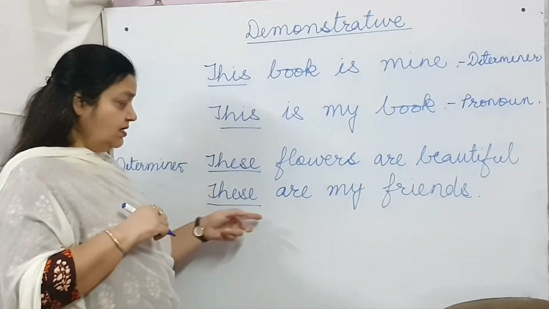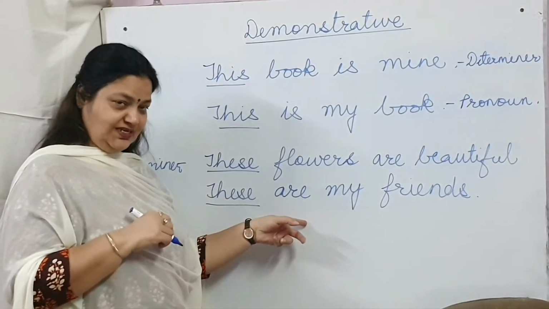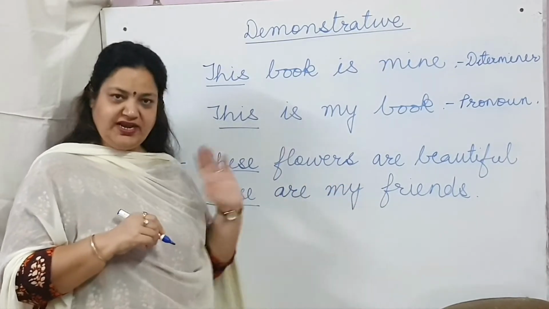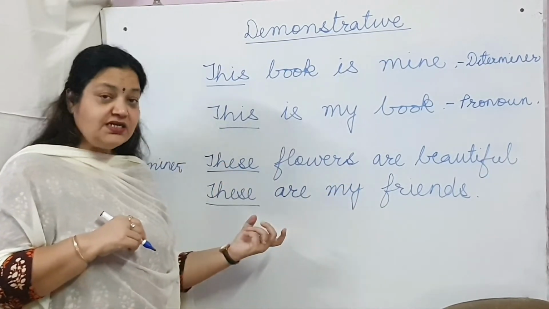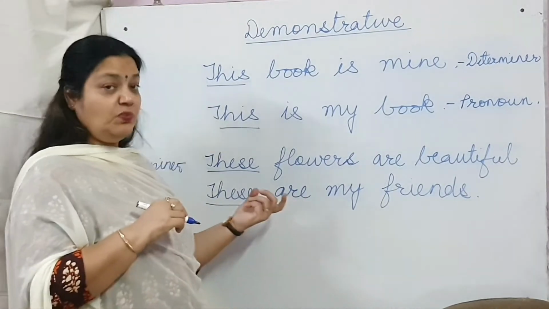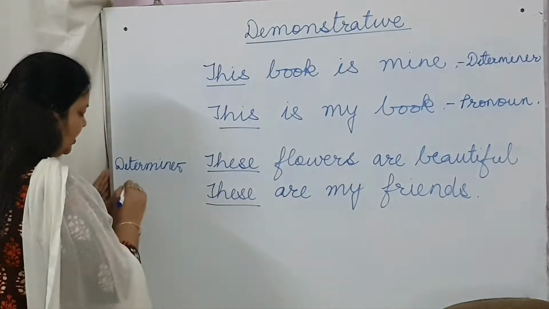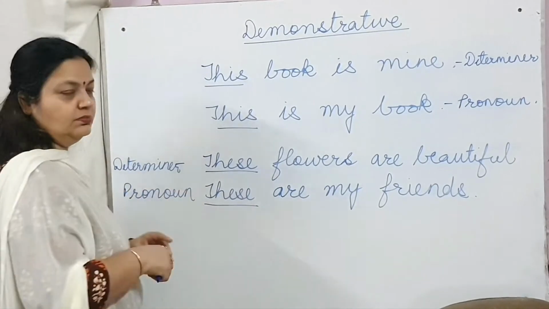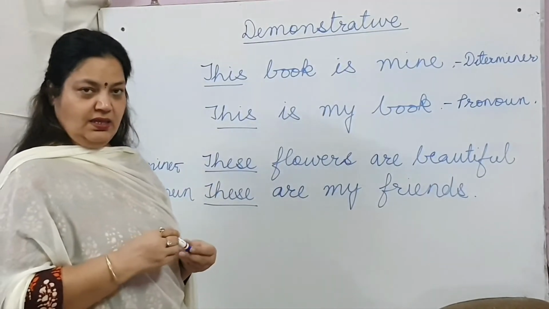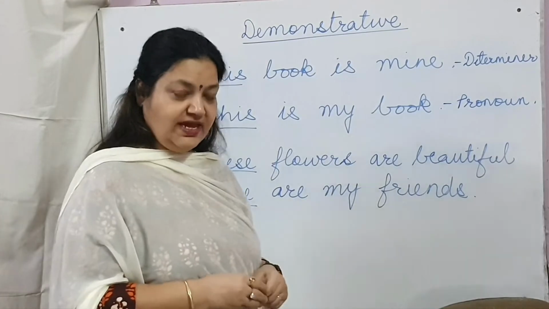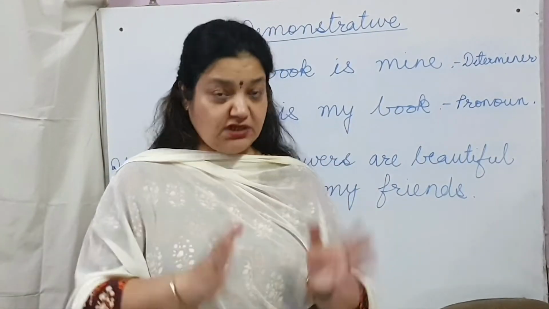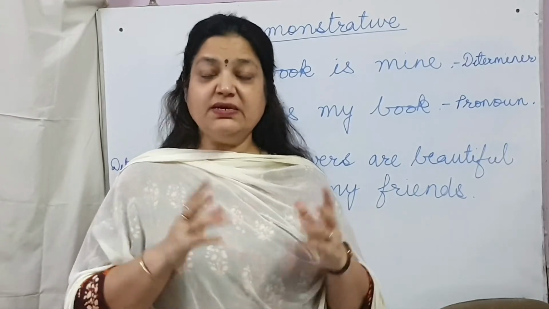Whereas here a noun is not there after these. It's a verb, a helping verb. These are my friends. So here the usage of these will be as a pronoun. I hope that this has cleared your concept of demonstrative determiners as well as demonstrative pronouns.